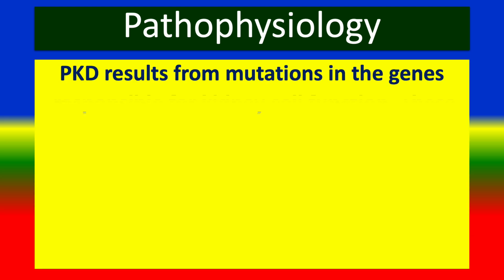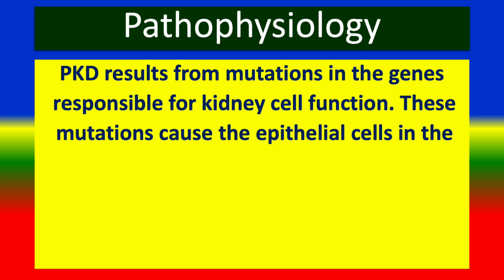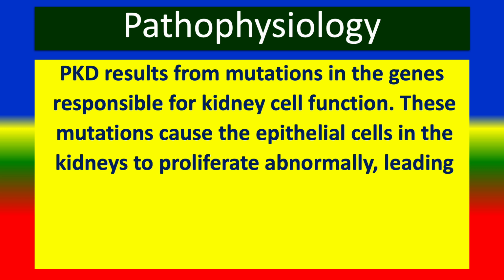Pathophysiology. PKD results from mutations in the genes responsible for kidney cell function. These mutations cause the epithelial cells in the kidneys to proliferate abnormally, leading to cyst formation.